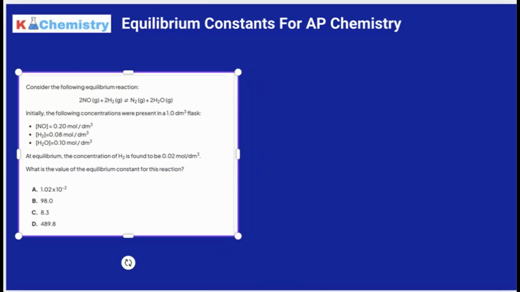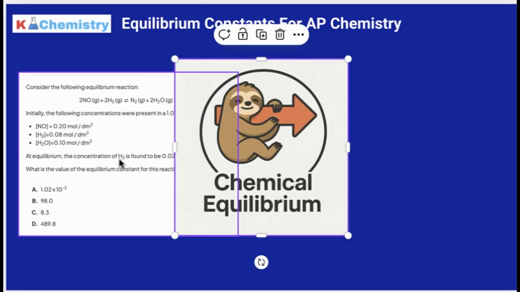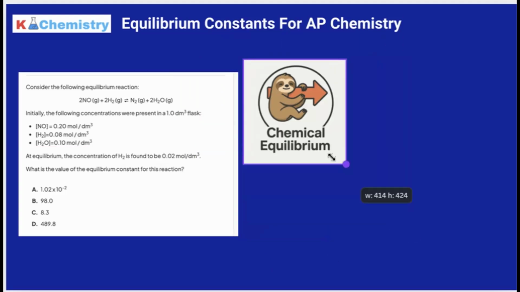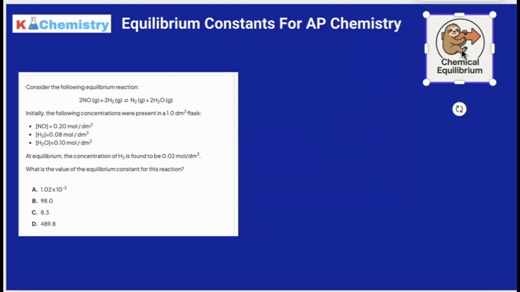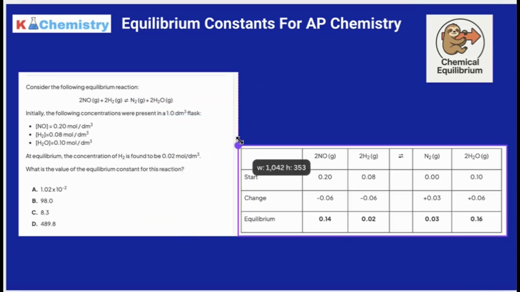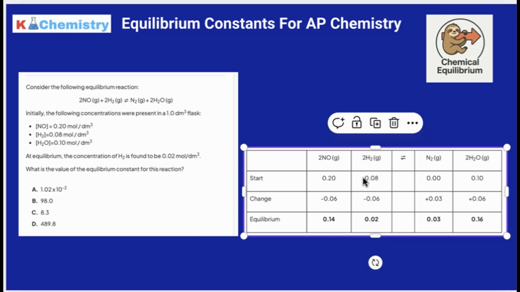As per the ICE table, I start with 0.2 and 0.08, and I didn't have any products at the beginning.